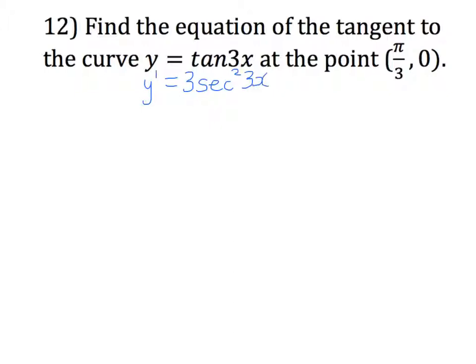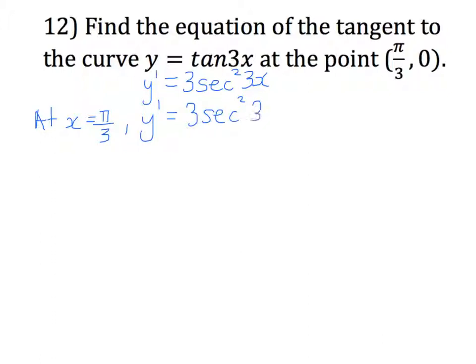And let's find what that gradient is at the point x equals pi on 3. That is our point here. So at x equals pi on 3, our gradient, y dash, equals 3 sec squared, and we're going to substitute in 3 times pi on 3.